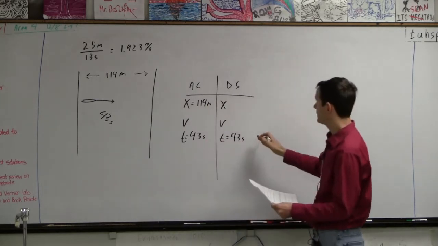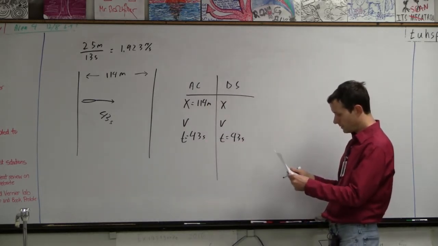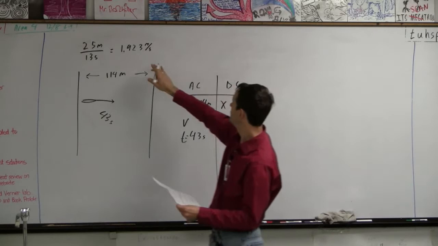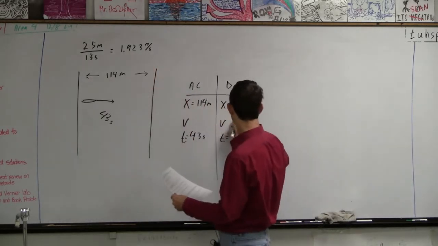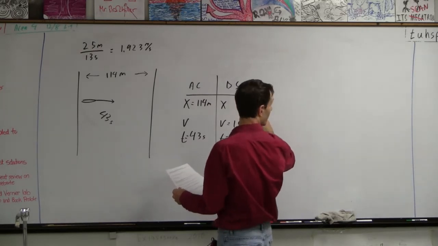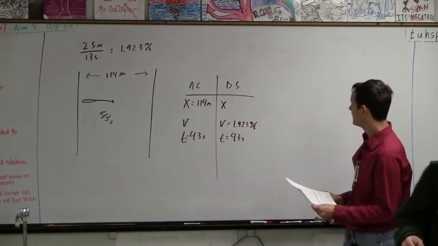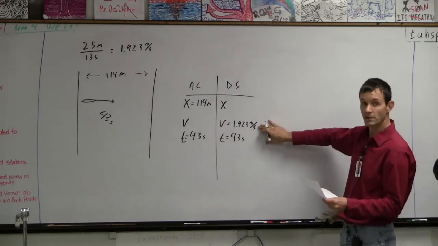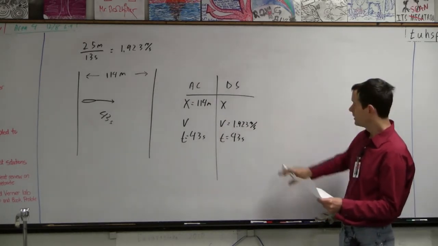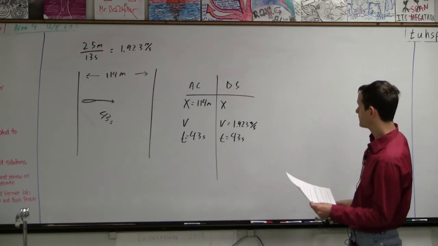So that's what we have so far. And then the 1.923 that we figured out as the speed of the current, that's going to be this velocity. And these problems don't have any acceleration.